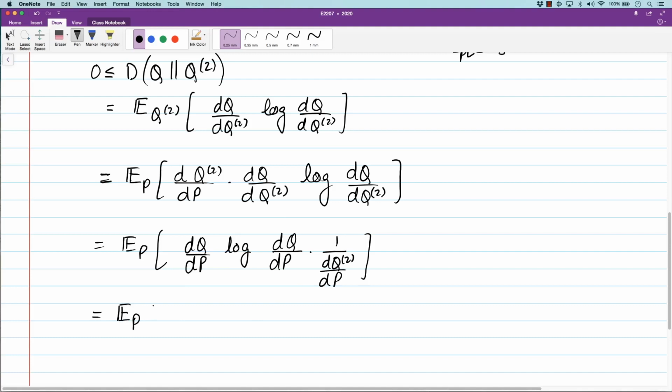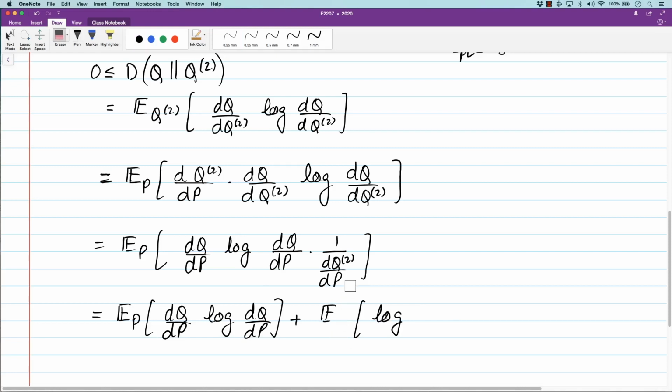So that gives you expected value with respect to p of log of this, plus expected value with respect to q now of log of, because we have a dq by dp, maybe I'll go slow here.